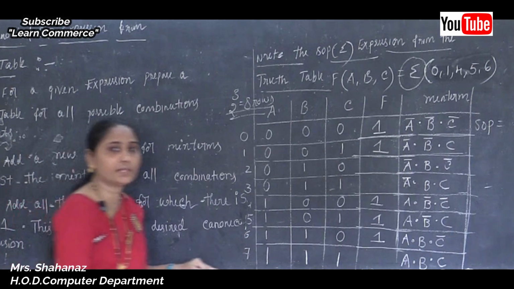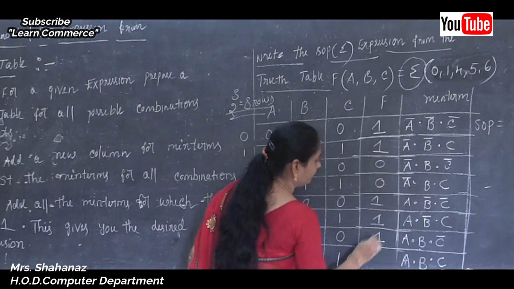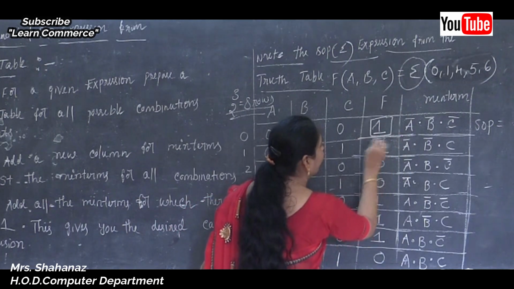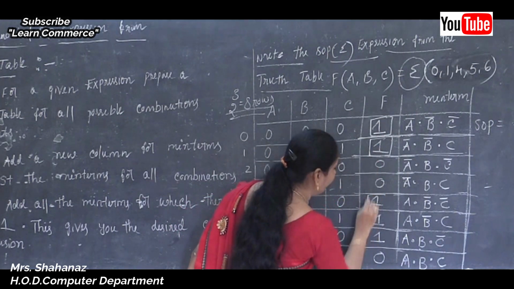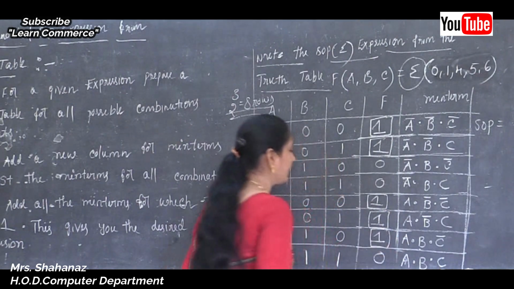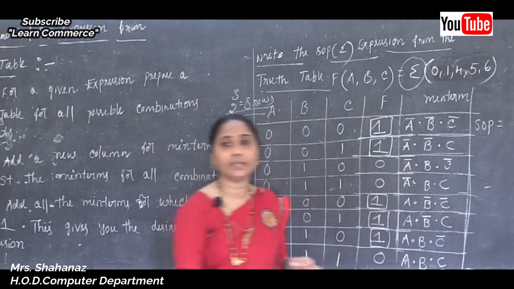In the rest of the places the value is 0. Wherever we have taken the value as 1, we need to show it in square brackets. And we know how to complete the next column.